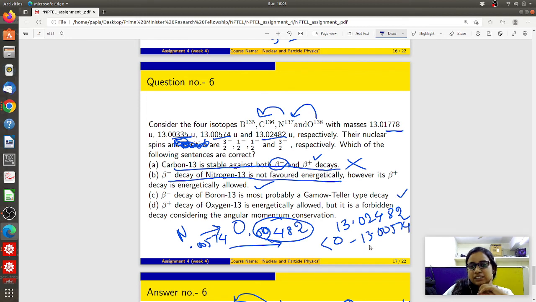This is a positive value, so it is kinematically allowed. So up to this phrase it is correct, but it is a forbidden decay considering angular momentum conservation.